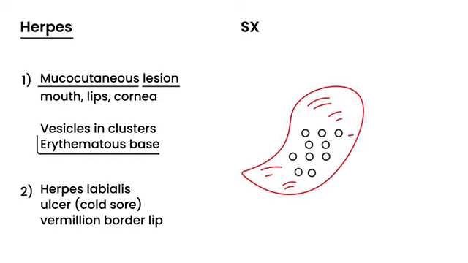And the last one, which I don't have enough space for, is the most common one, genital herpes. And that is by far the most common ulcerative sexually transmitted disease in the world.